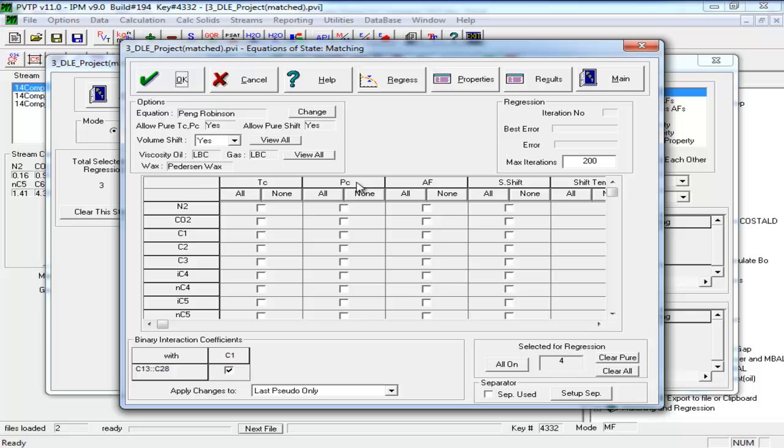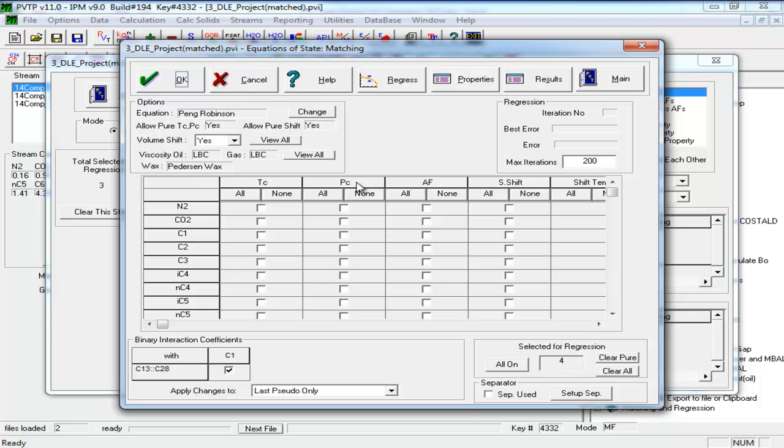Those are the parameters, or variables, you can call them. Why do we call them with this name? Because those are the parameters of my equation of state. And when I change them, I will use them to match the PVT properties, which are the beta O, GOR, and so on. So this is the difference.